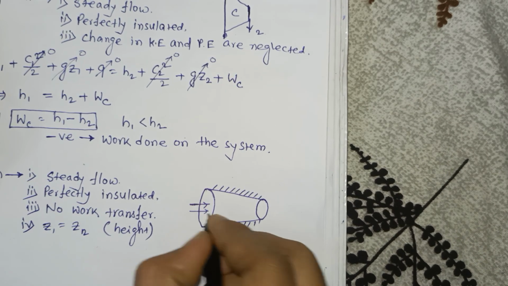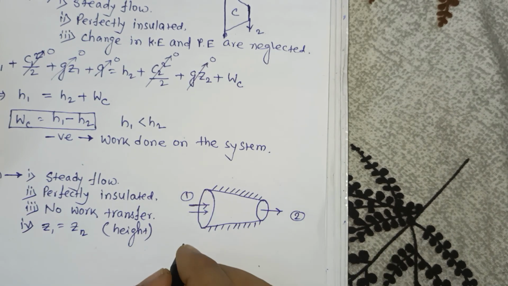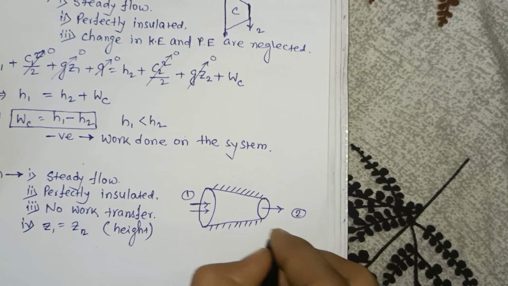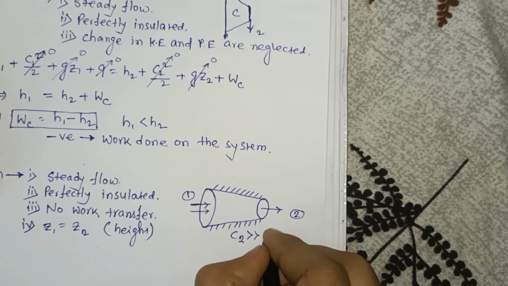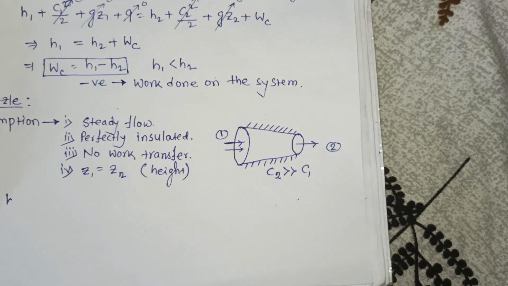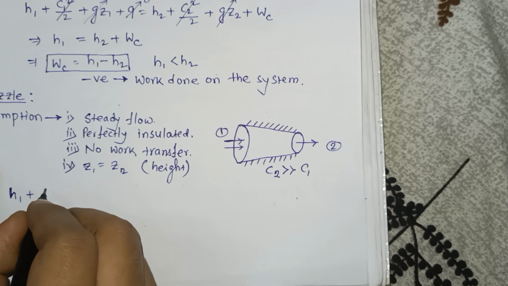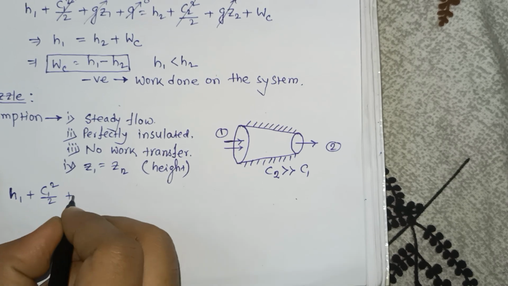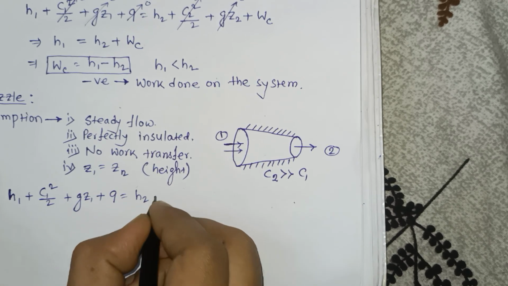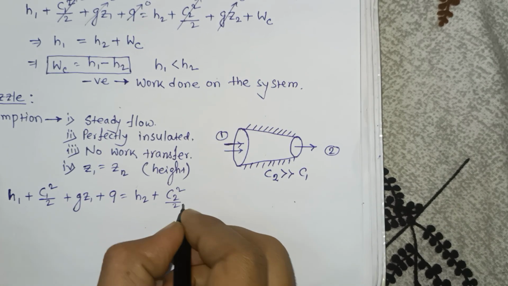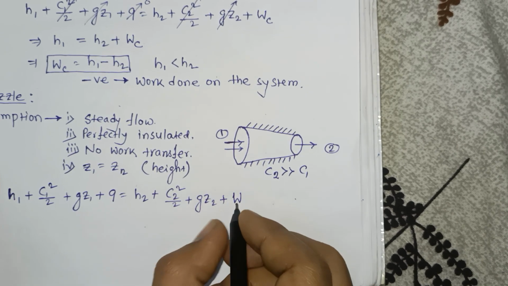This is the inlet and this is the outlet, and the velocity at the outlet must be greater than the velocity at the inlet. Now apply the steady flow energy equation: H1 plus C1 square by 2 plus g Z1 plus Q equals H2 plus C2 square by 2 plus g Z2 plus W of nozzle.